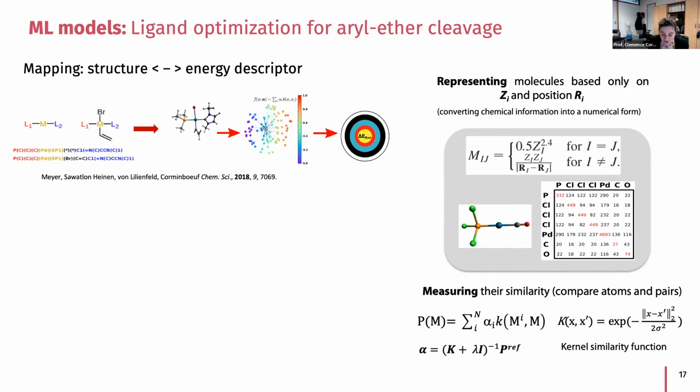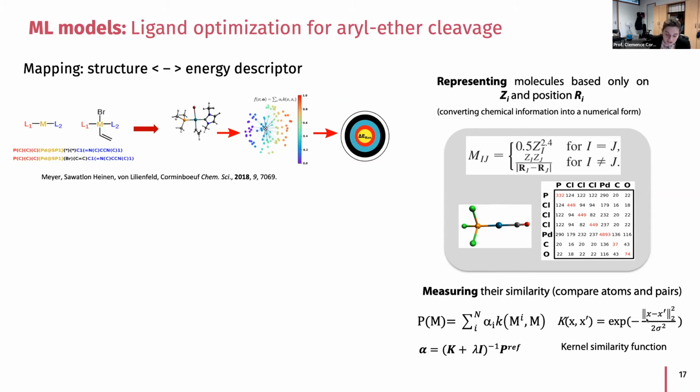And with this vector, we can measure the similarity between the vector associated with a new compound and the vectors associated with the molecules that were in the training set. And we measure the similarity between those using a kernel similarity function that you see here.